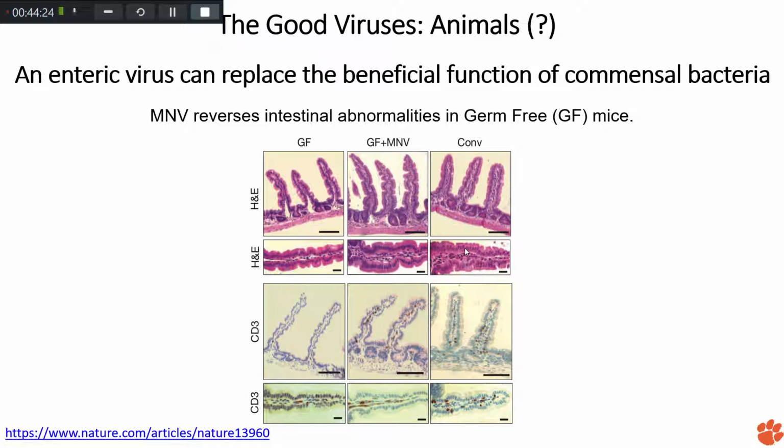So villi are the largest structures, much larger finger-like projections, not that big, but visible under just low magnification of a microscope. They increase the surface area for absorption, and then you have the microvilli on individual epithelial cells that absorb the food material and the digested food material, and it increases the absorptive surface almost 600 times. So you can see right here, this is a very healthy condition. All these cells look plump and nice. The brush border looks nice.